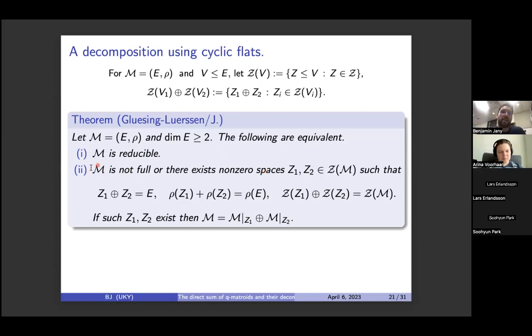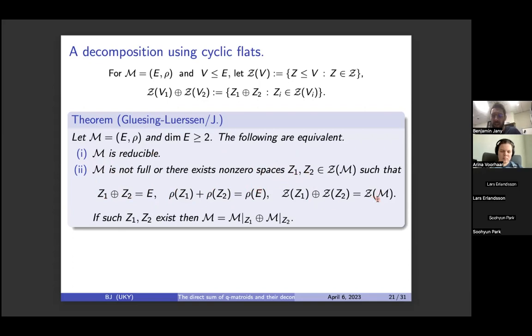And we say that a q-matroid is reducible if and only if it is either not full, so it contains loops or co-loops, or there exist non-zero cyclic flats Z1 and Z2 that satisfy three conditions. The sum of those cyclic flats has to be the entire ground space. The sum of the ranks of the cyclic flats must be the rank of the q-matroid.